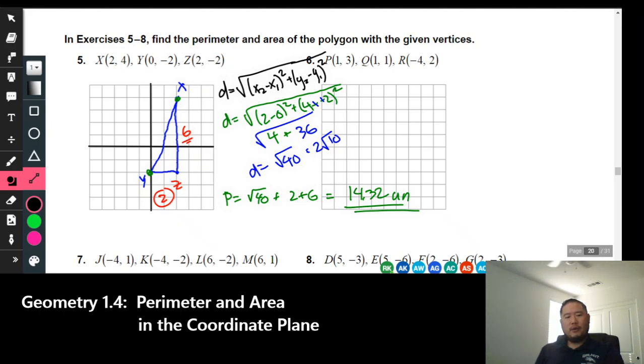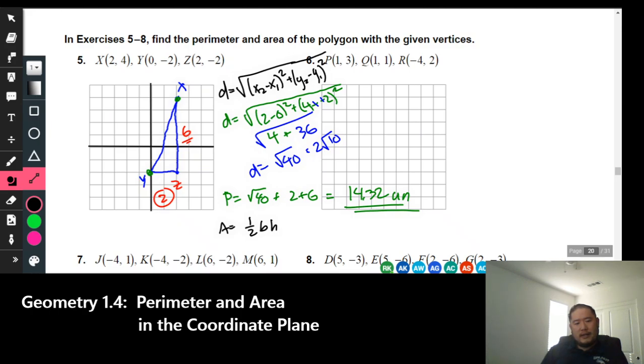The last thing we want to find is the area. In order to find the area, this being a triangle, it's 1/2 base times height. That is the equation to find the area of a triangle. Let's use nice lines that happen to be perpendicular to each other as far as the height is concerned.